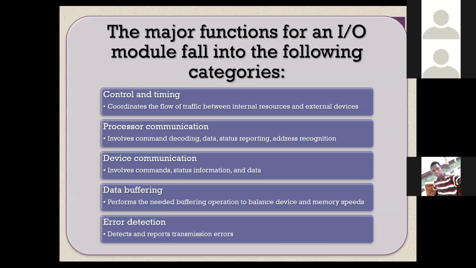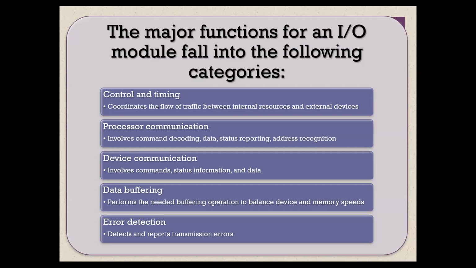So data that is coming from main memory are sent to an IO module in a rapid burst. The data are buffered in the IO module and then sent to the peripheral device at its data rate.